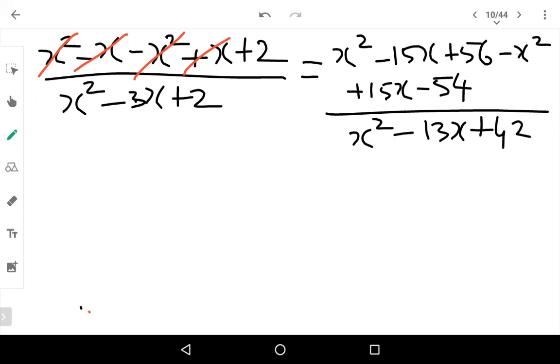Plus x square minus x square I have cancelled. Plus x minus x I have cancelled. Now on to your right hand side. x square minus x square I can cancel. Similarly, plus 15x minus 15x I can cancel.